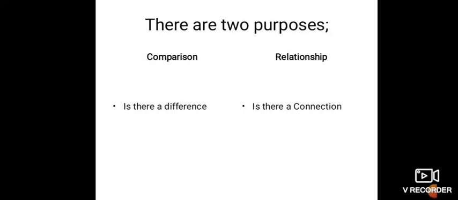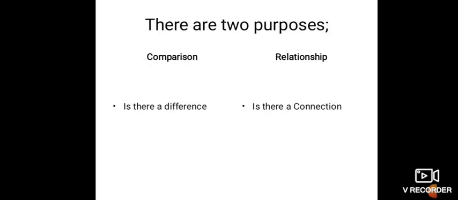The comparison is made to find whether there is a difference between the two variables, and the relationship is to find whether there is any connection between the two variables.